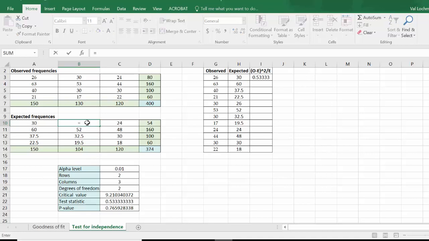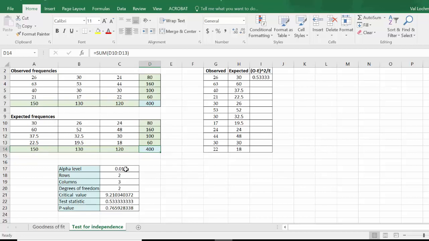I said that's equal total for the row is 80 times total for the column 130, divide by 400. I get this value right here. Okay, and also I'm just checking that everything adds up to 400. That's not something you have to do, but I think it's a good habit to have. Okay, so these are my expected frequencies.